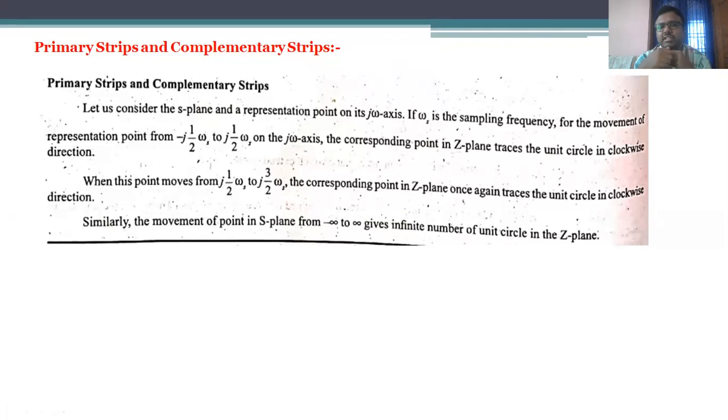These portions are characterized in terms of omega s, that means the frequency.